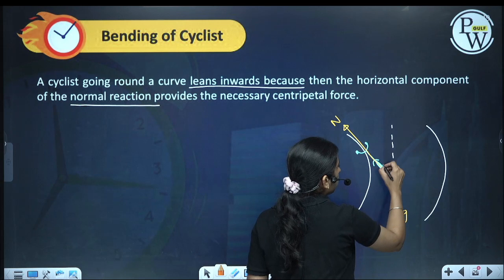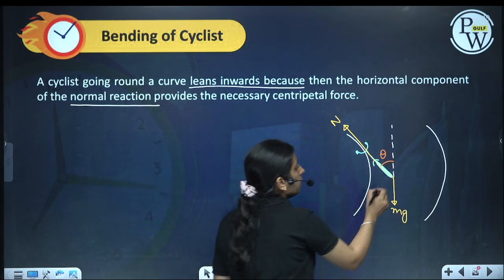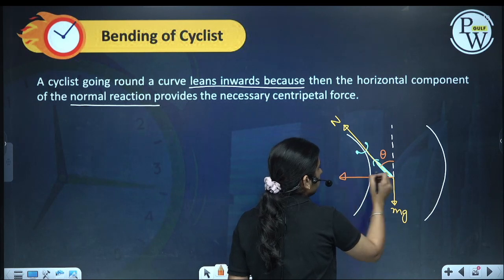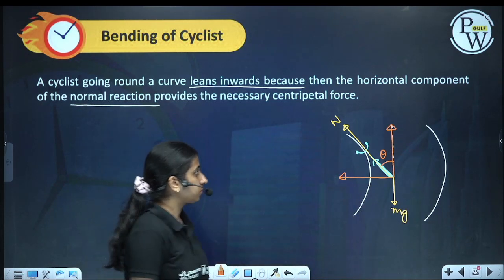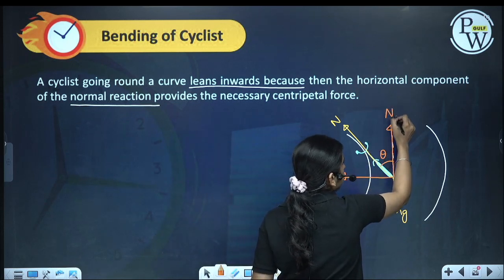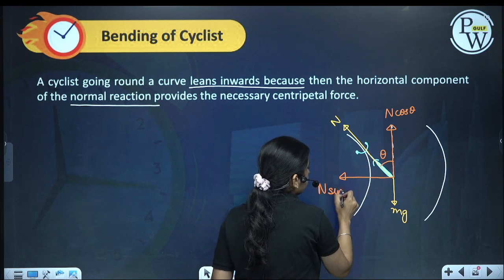Now draw the components. The cyclist has tilted the cycle by some angle theta, so there will be two components of the normal reaction: n cos theta, and n sin theta.